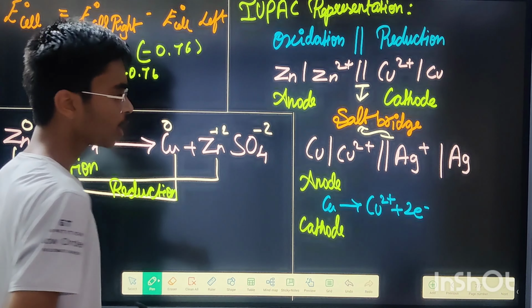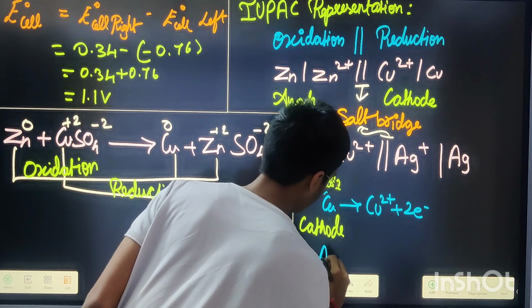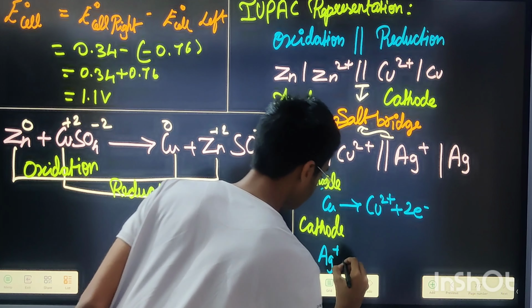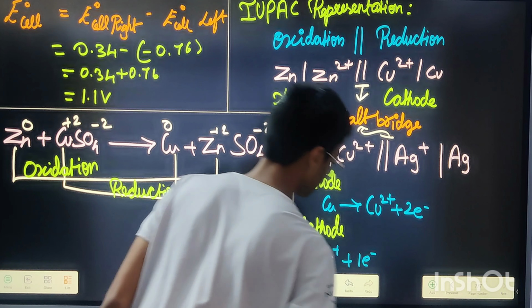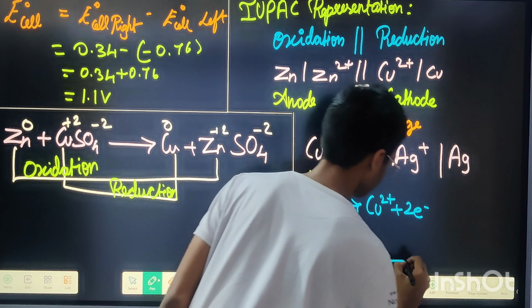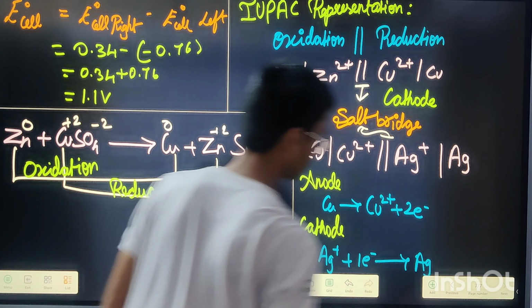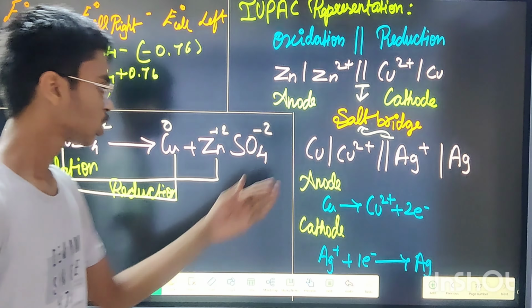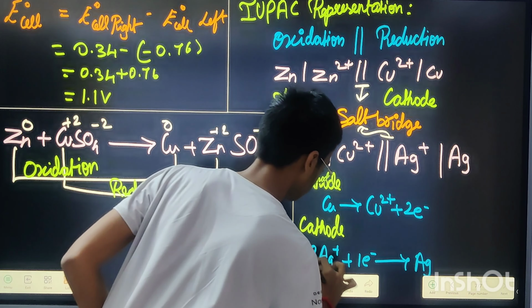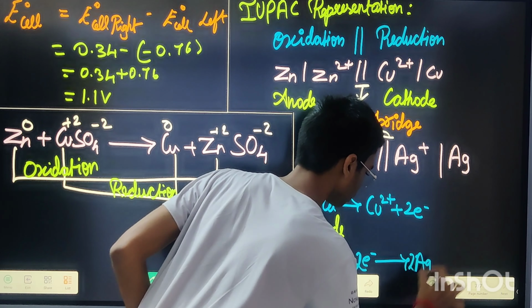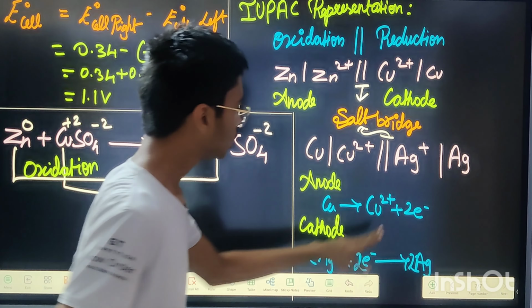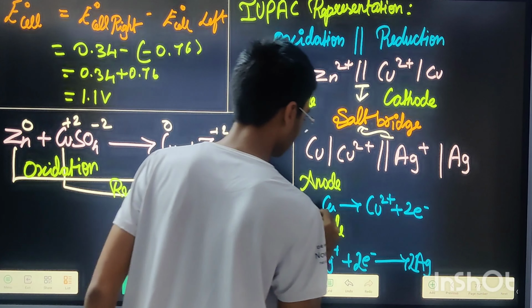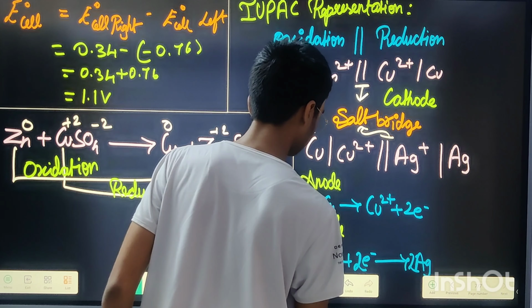In the cathode, Ag+ plus 1e- is converted into Ag. Here 2 electrons are there and here only 1 electron. So in order to equalize that, here you have to put 2, here also 2, and here also 2. Now only these two will be equalized.